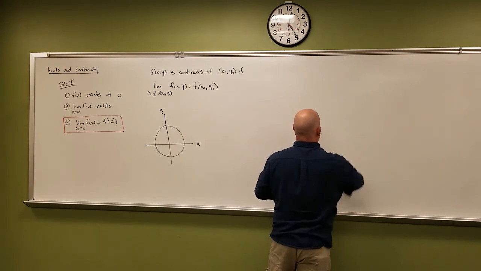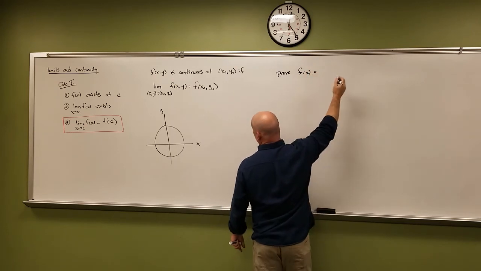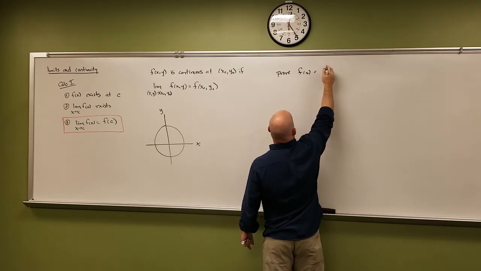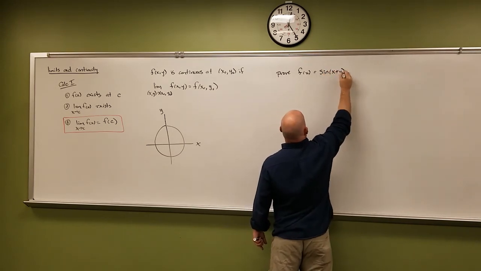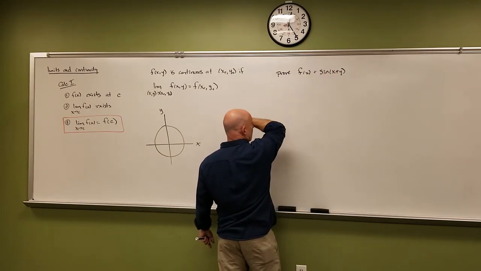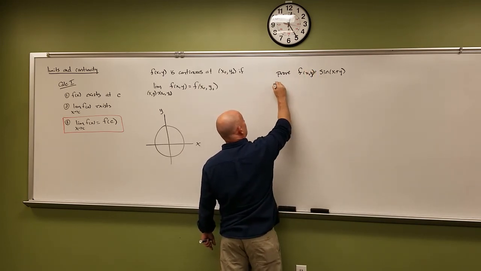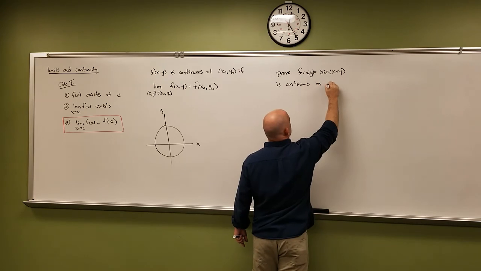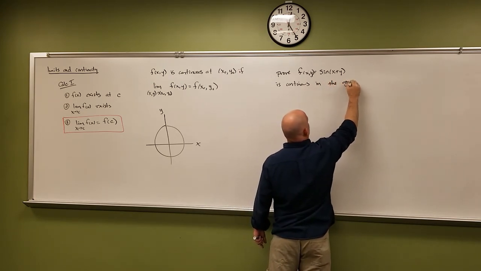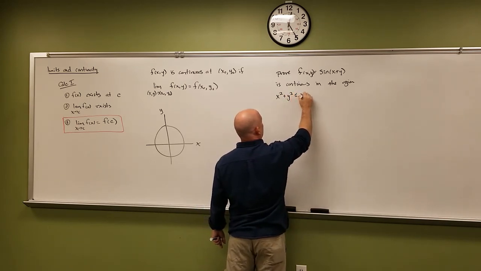Let's see, let's try. Prove f of x and y equals sine x plus y is continuous in the region x squared plus y squared is less than or equal to 25.